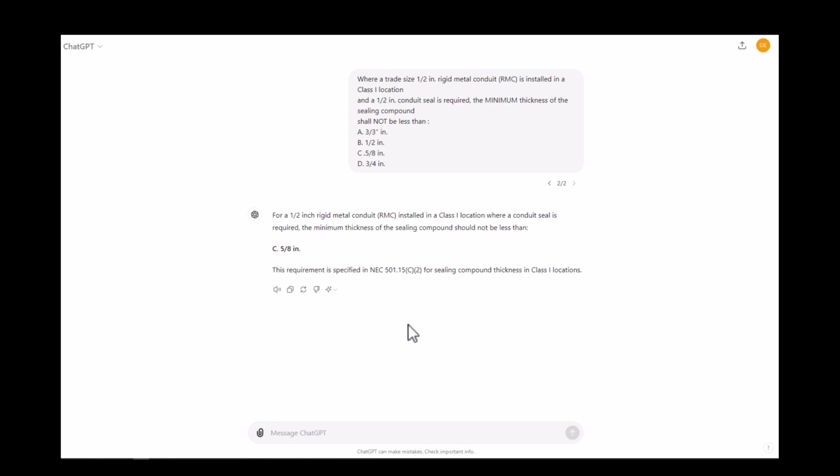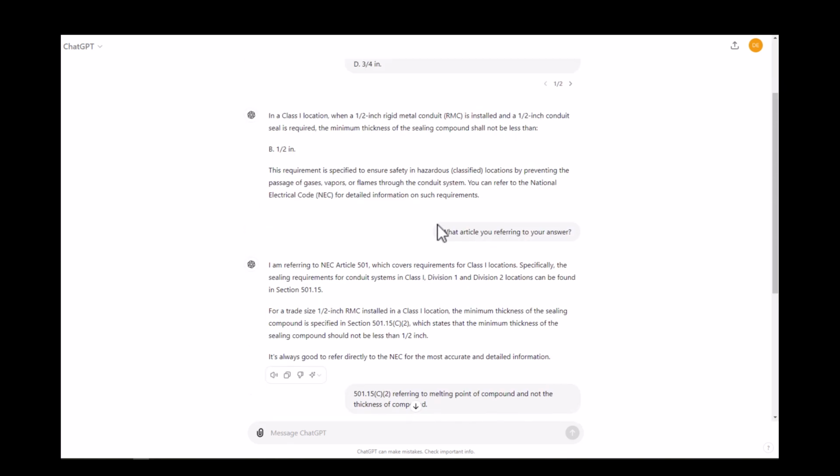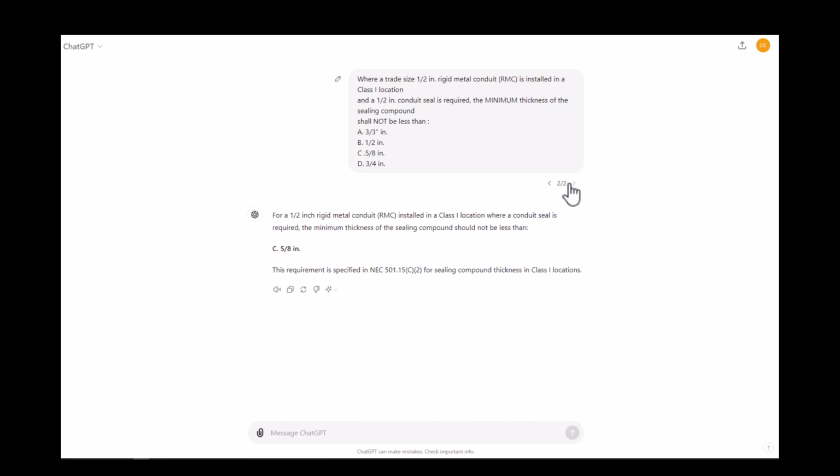It told us 5/8 is correct, not 5/6. And remember, in the course we had before, I told you how you can edit your question. My previous question is here, and my new question, after editing, is here. This is just a handy tool.